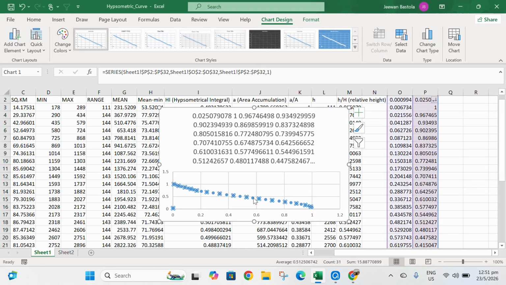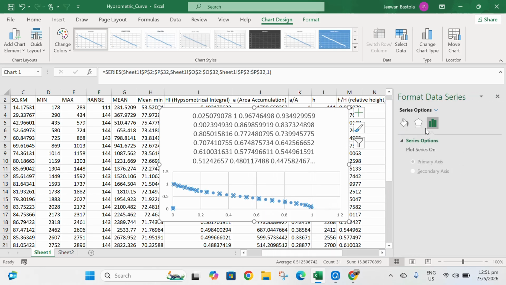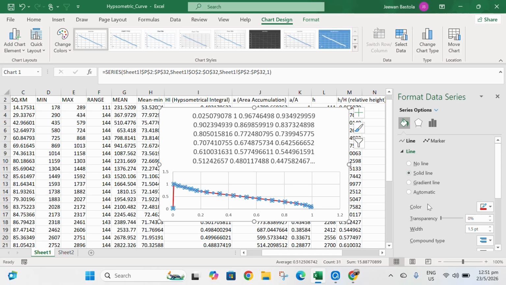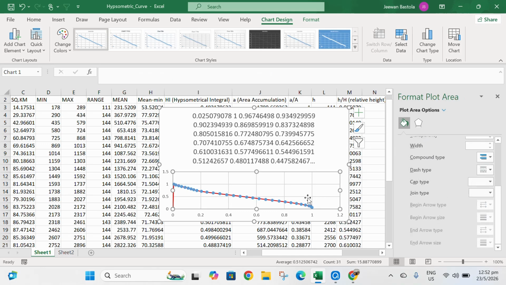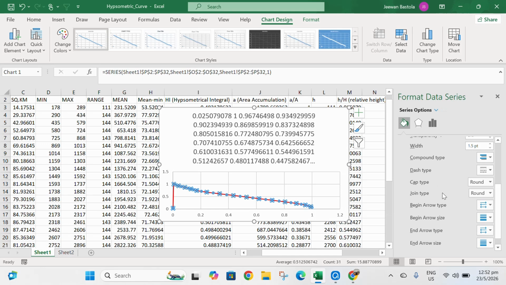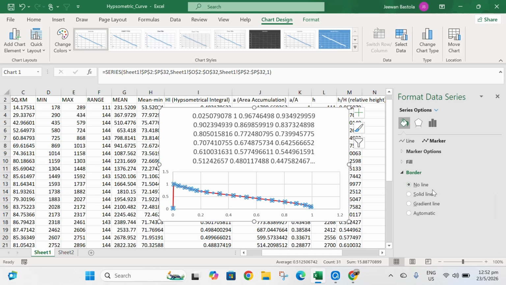Then click here, format series, go here, solid line, and smooth the line. Marker, no marker.